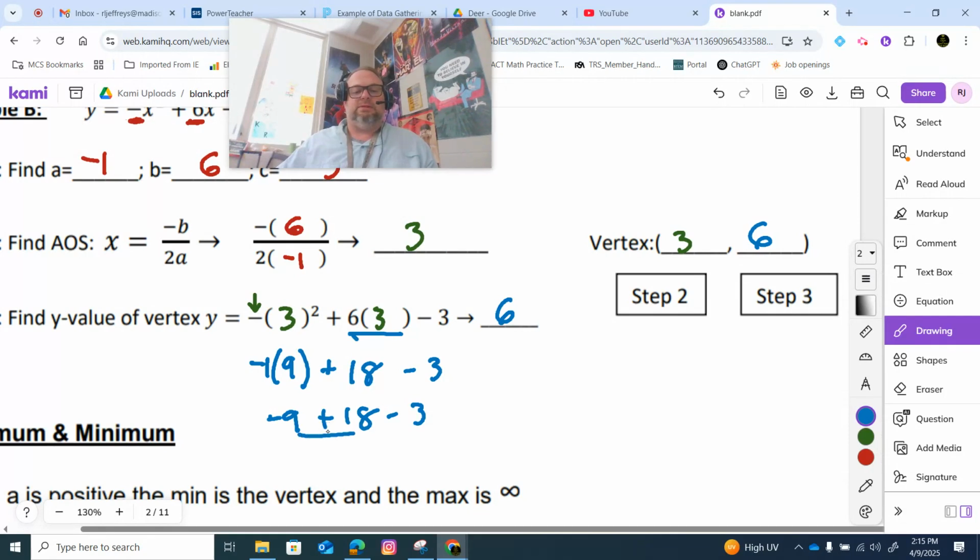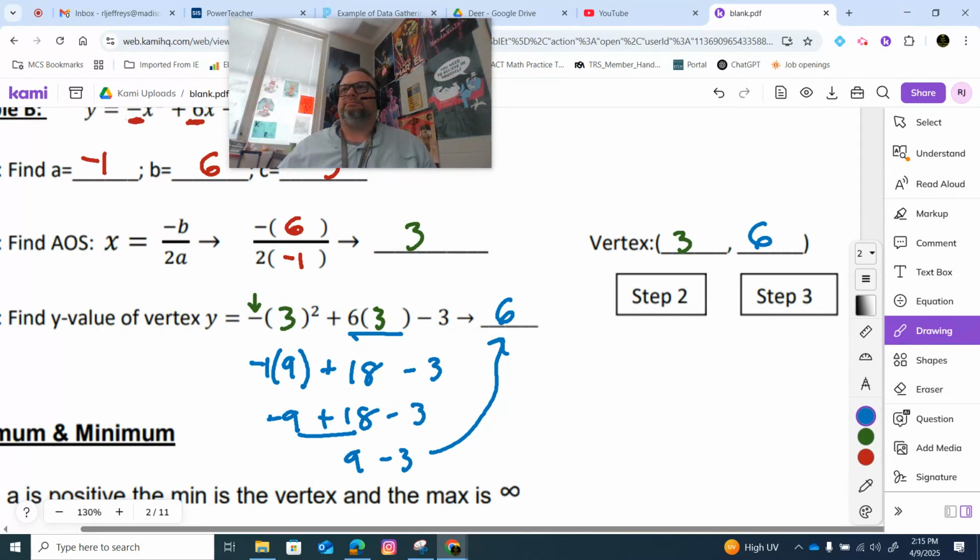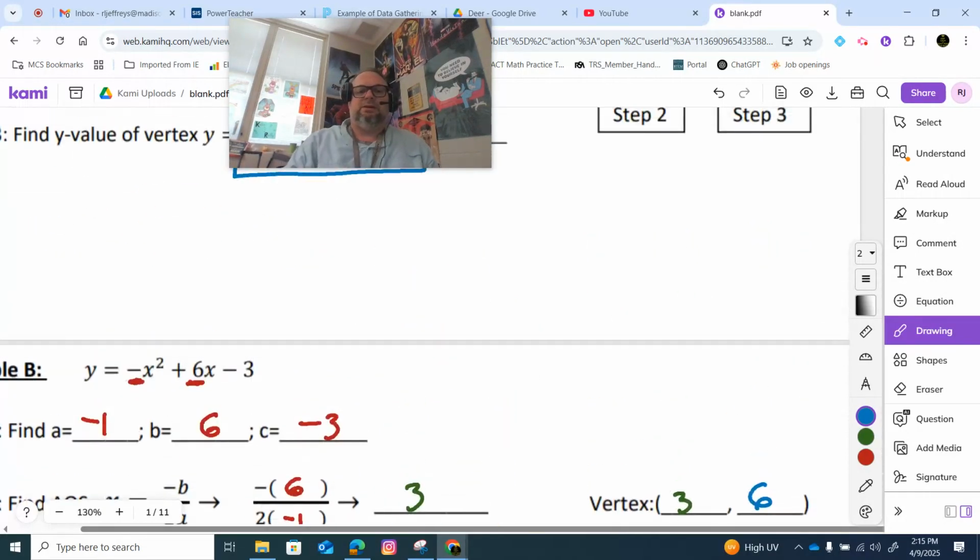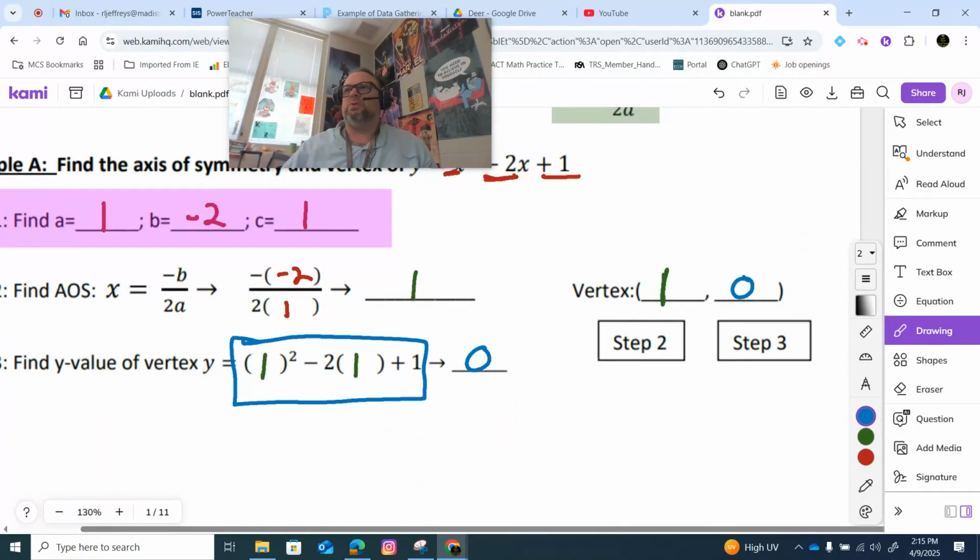Well, this is this, and this makes this 9. Well, 9 minus 3 is 6. We squared the 1. 1 times 1 is 1.